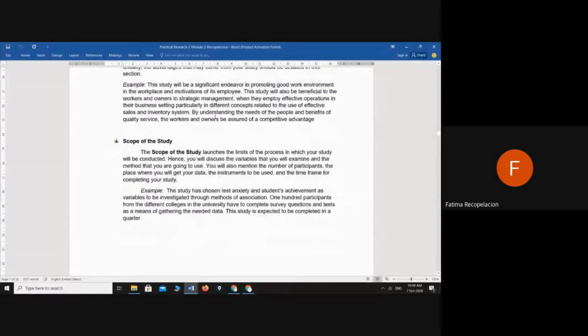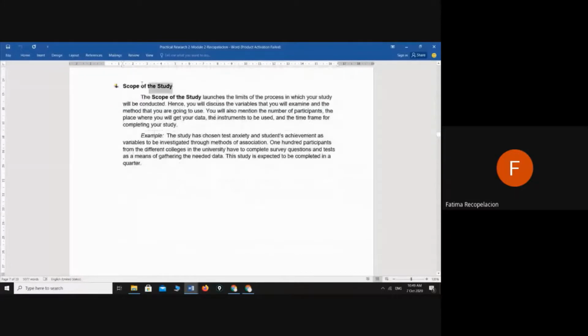And the last section is the scope of the study. Of course, a particular research interest, imagine a very broad scope. This section would narrow down ang unsa ra related or concern sa inyong study. Okay? So you lay down unsay limitation sa inyong study.